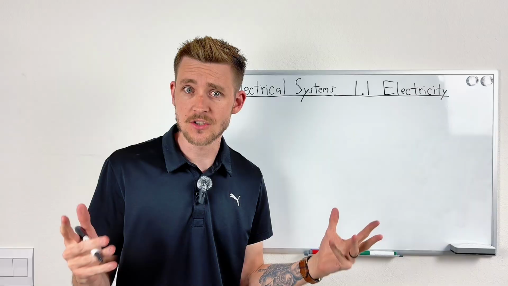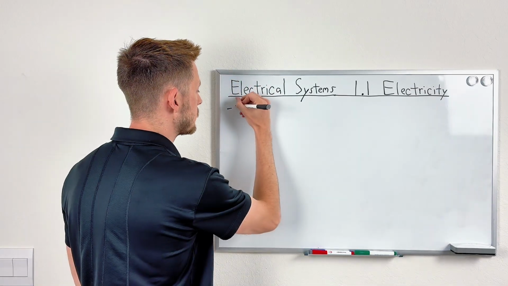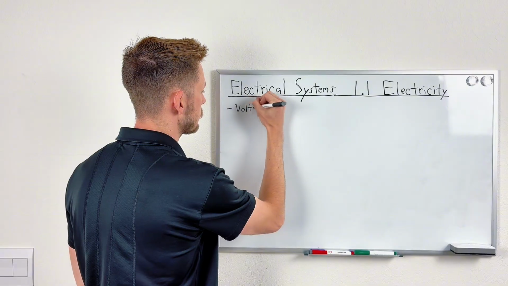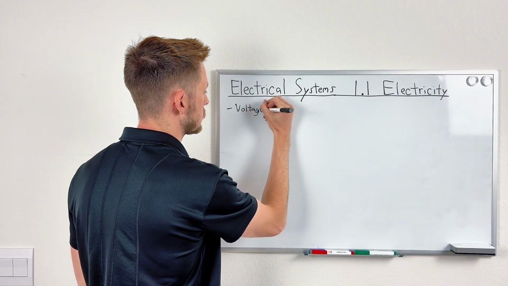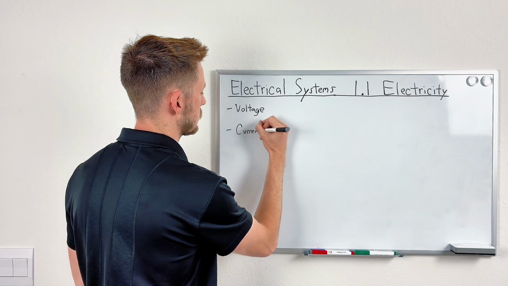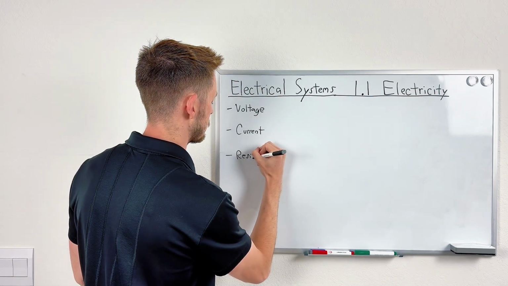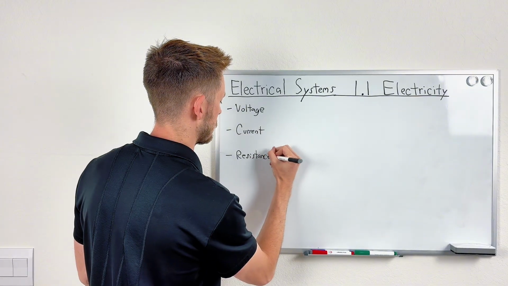So when we're talking about electricity, we have three different categories of it. And that's going to be voltage, current, and resistance.